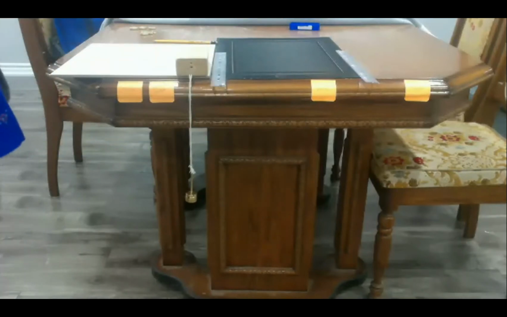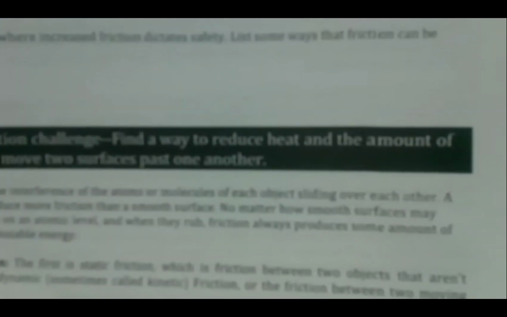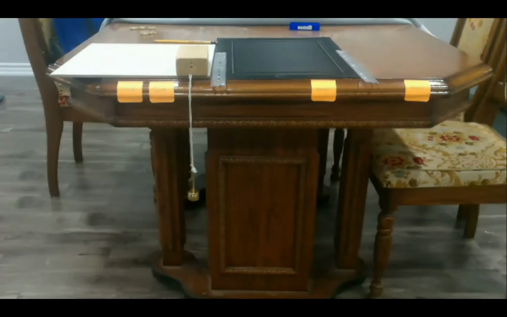Okay. So in terms of the pre-lab questions that are on the page right over there, as you could see, and the sign was kind of backwards. But let's go to what we were investigating.